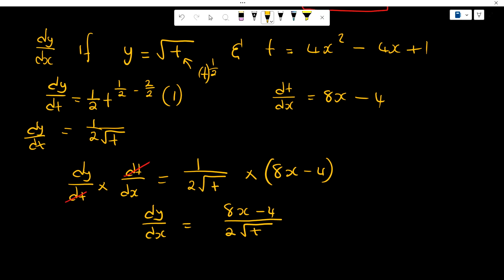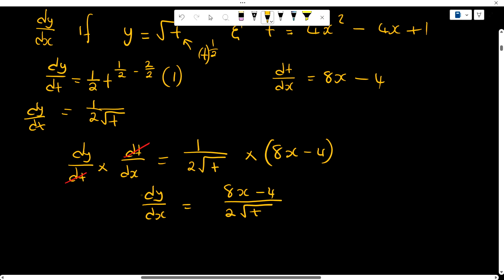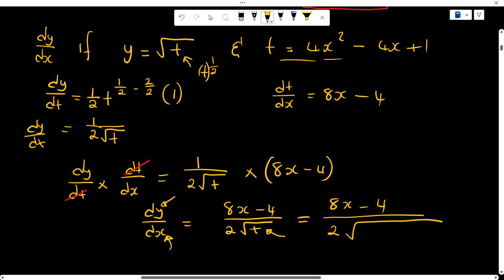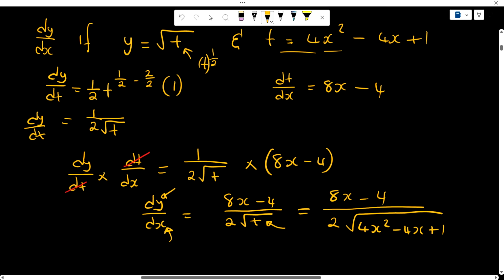But here we are differentiating y with respect to x, right? But in our derivative we have t, so meaning I have to replace the t with this part here, so meaning I have 8x minus 4 all divided by 2 and then square root. Remember t is equal to 4x squared minus 4x plus 1, right?